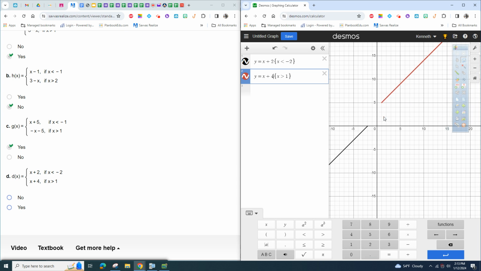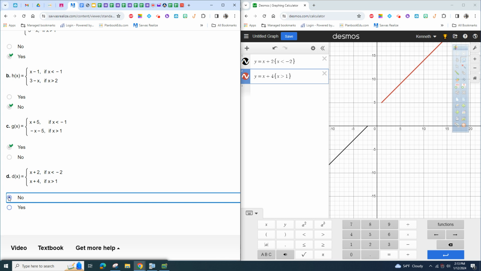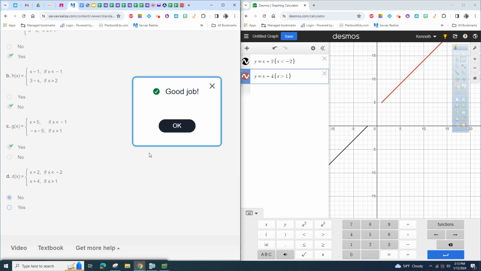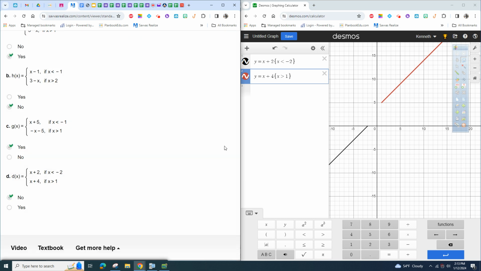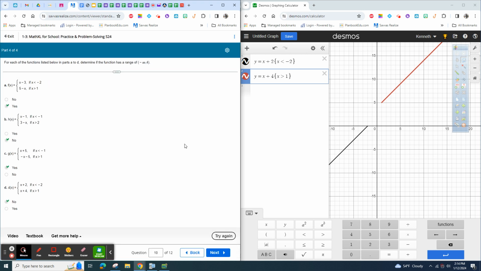Well, no, there's no 4 at all. There's a big, huge gap in here, from 5 to 0 is missing. So that's definitely a no. It's got no in all kinds of ways. And boom, good job. We did good.